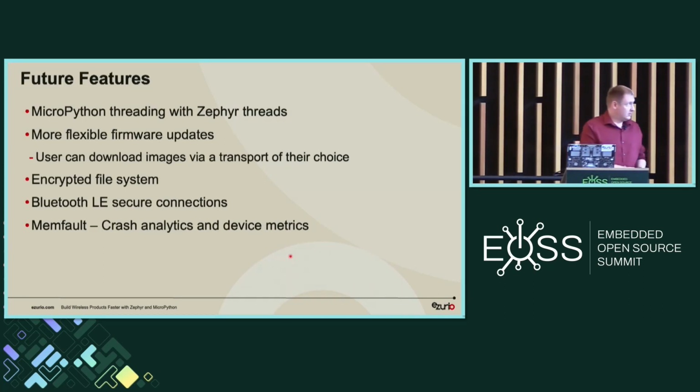Looking to the future, we don't have everything done yet, but we do have a pretty complete system. We're looking into implementing threading in MicroPython by hooking into Zephyr threads, so you would get true threading in Python. Adding in support for a little bit more flexible firmware updates. So right now, the only way to update from the cloud is using lightweight M2M.